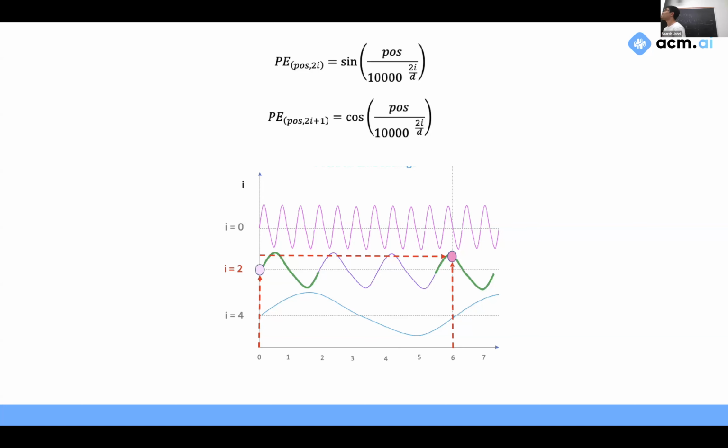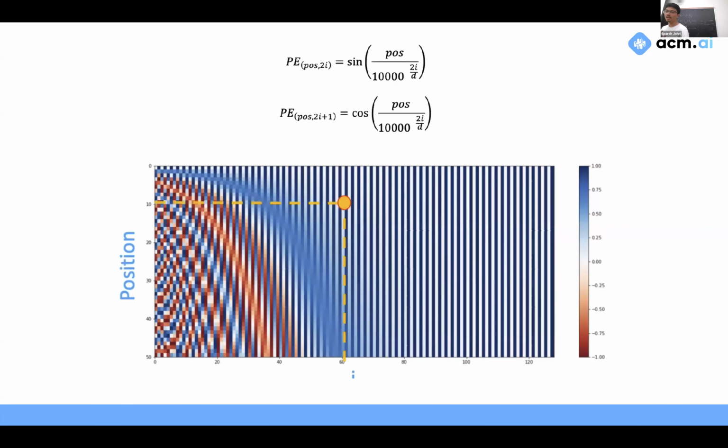It works. This is what they do. Again, the intuition is you can think of Fourier series: you're decomposing any signal, or any position in this case, into doubling frequencies. That's what it looks like visually as well.